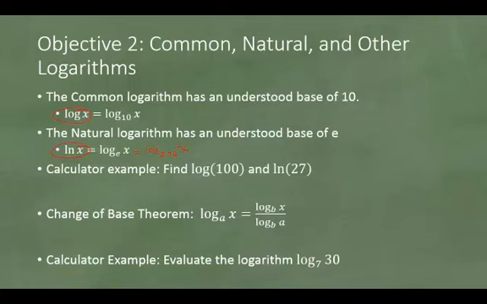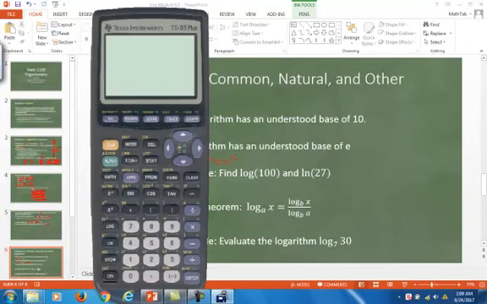So let's try that. Find log with a base 10, but we don't write it, of 100, and log with a base e, but we don't write it, of 27. Let's try that on the calculator. We had log of 100. Notice we have the log button here, so we just hit log 100. We don't have to worry about the base. It's 2. And then the natural log of 27. There's the natural log button underneath log.